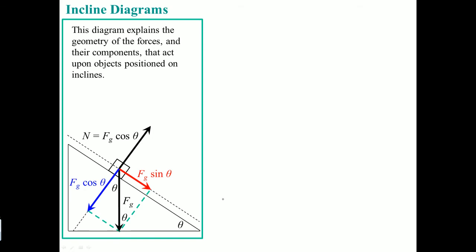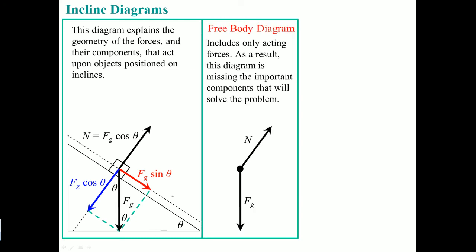So the incline diagram can simply be broken down like this. This diagram explains the geometry of the forces and their components that act upon an object positioned on an incline. The free body diagram that you need to be able to draw would look like this. Force of gravity is always down towards the center of Earth, and the normal force is tilted because it is opposite to the Fg cosine theta.